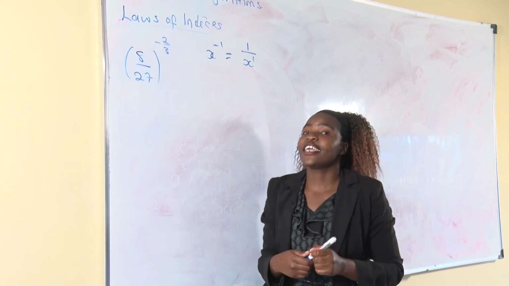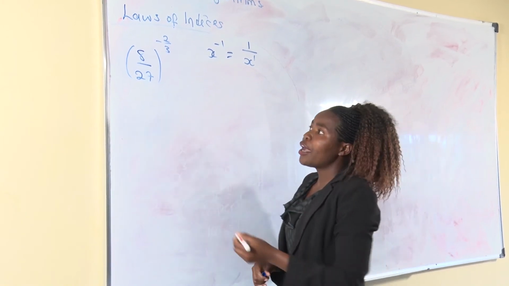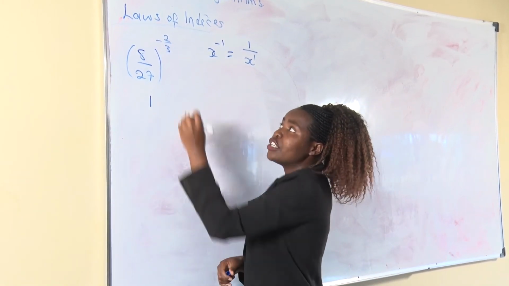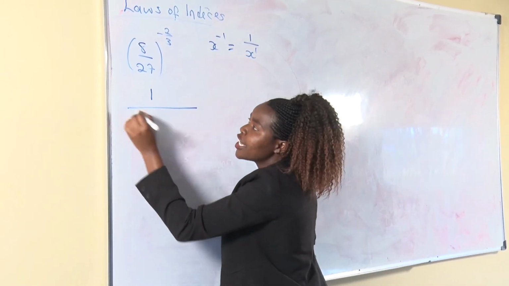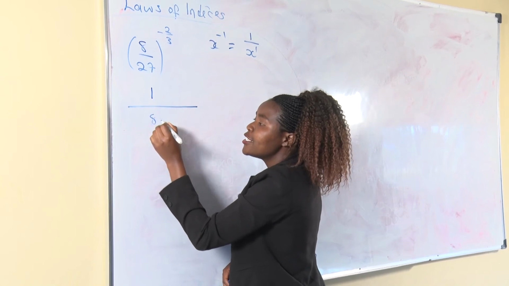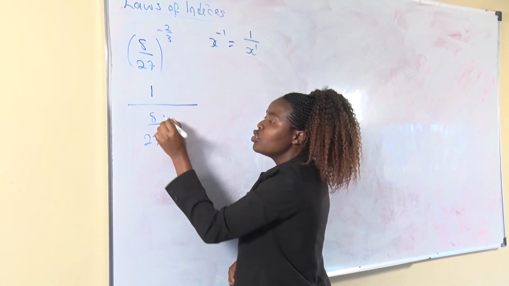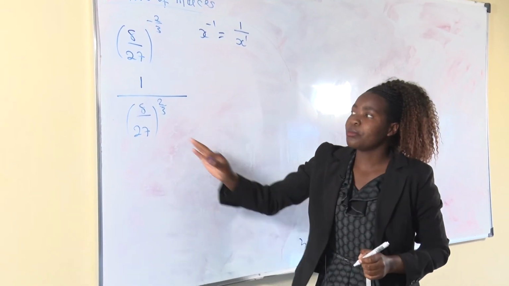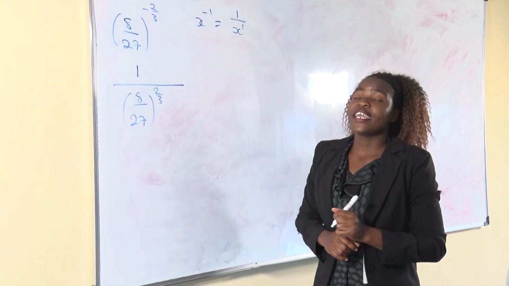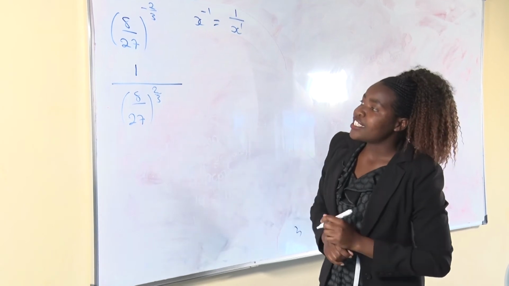We have a negative power, so we introduce 1 in order to remove the negative power. So now we retain our expression, 8 over 27 to the power 2/3. Now our denominator doesn't have a negative sign, so we can simplify it.